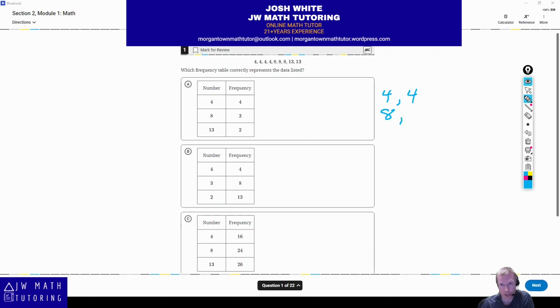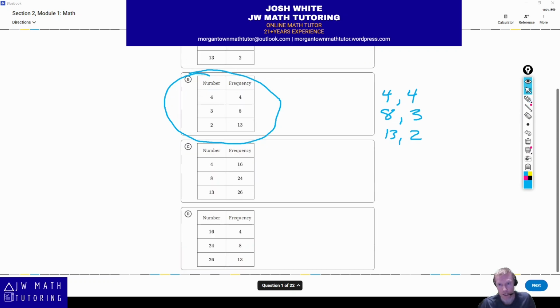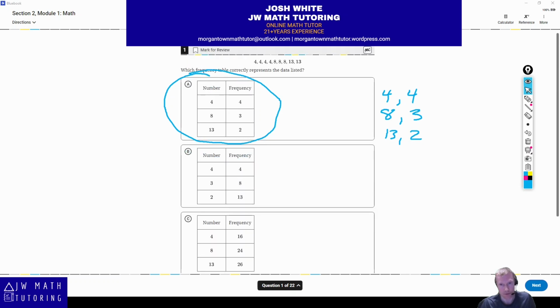So the value would be 8 and the frequency would be 3, and there are 2 13s. Okay, so the value would be 13 and the frequency would be 2. As you start scrolling down through these answers, hopefully you recognize that it's going to be letter A. For this one, we don't even need to scroll down and look at D. Notice the numbers don't even make sense here. But for this one, the correct answer is going to be letter A.